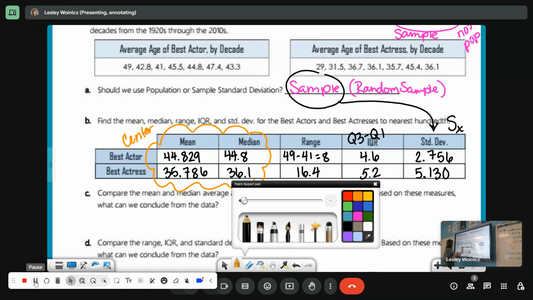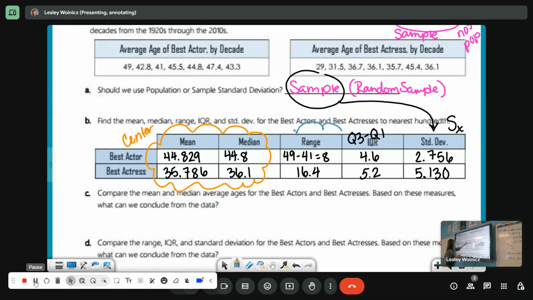Okay, the last three, the range, the IQR, and the standard deviation, these are measures of spread. So they're telling us how spread out our data is. The bigger the value for my measure of spread, the farther apart my data is.